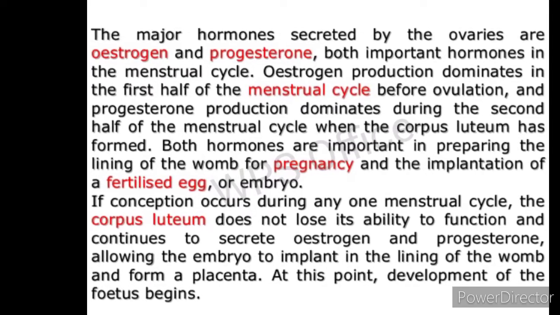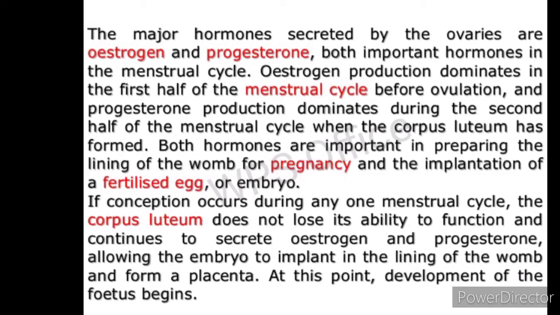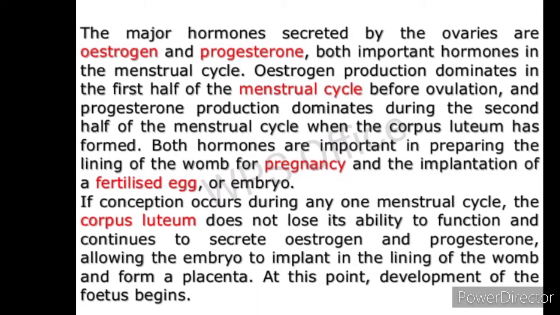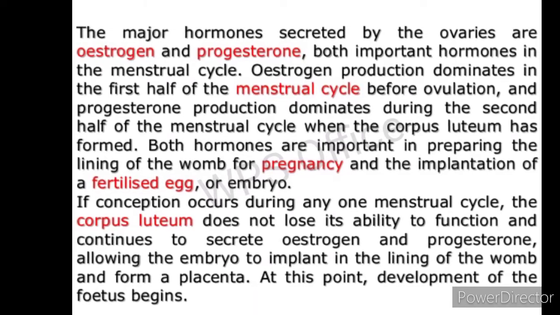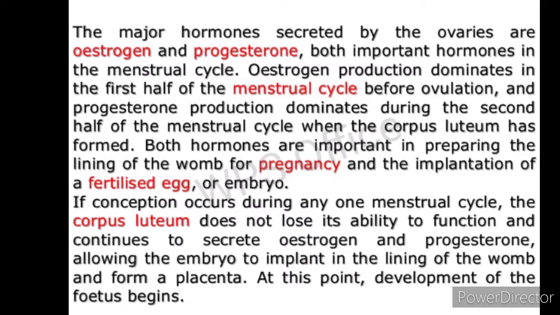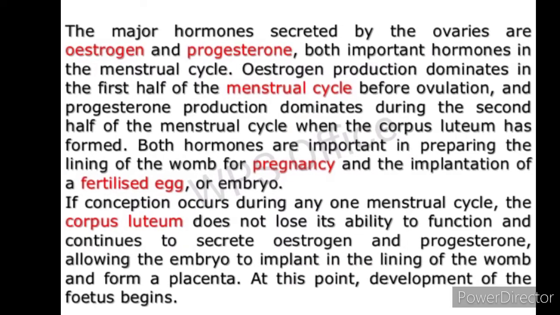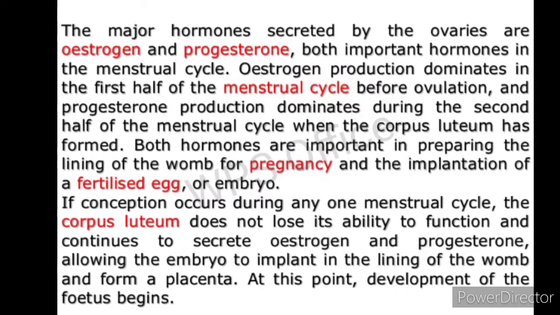Estrogen production dominates in the first half of the menstrual cycle before ovulation. Then progesterone production dominates during the second half of the menstrual cycle when the corpus luteum has formed. So both hormones are important in preparing the lining of the womb for pregnancy and the implantation of the fertilized egg or embryo.